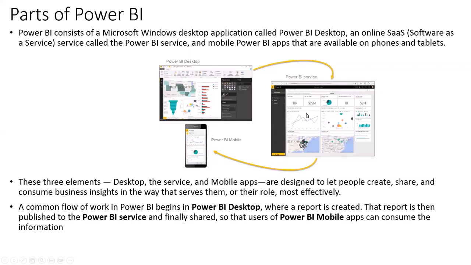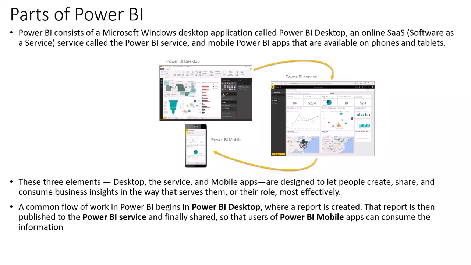So you could be on a Macintosh computer and still be able to use Power BI service. But Power BI desktop, as I said, only works on Windows computers. Power BI mobile is basically an app on your phone that you can use for consuming visualization reports that have been created using Microsoft Power BI.